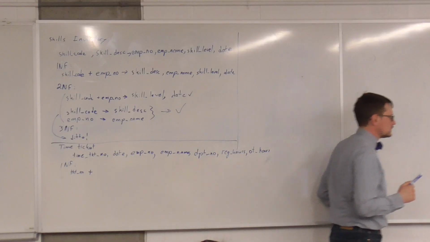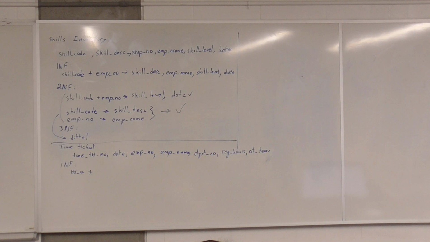Do we get there with only time ticket number and employee number? Clearly not, because we've got multiple records here, right? Do we get there with time ticket number and department number? The number will also change, right? Well, let's consider it.